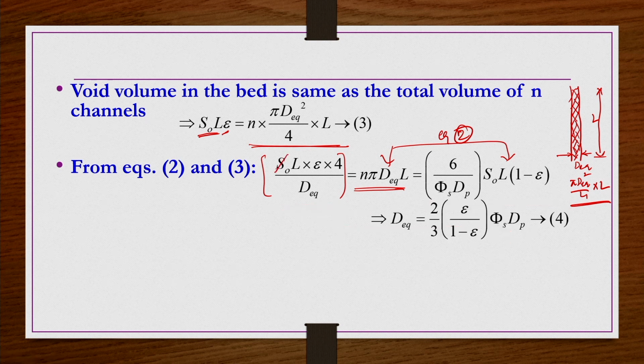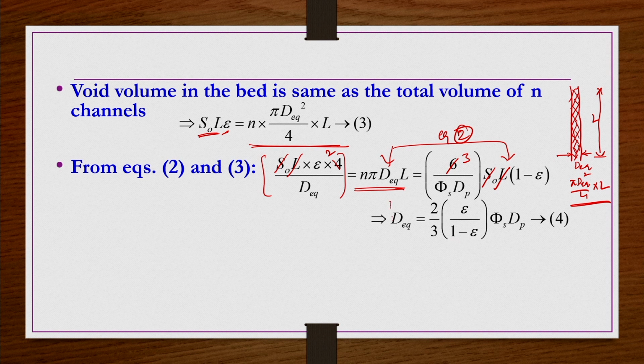S naught cancels out here, L and L also cancel out, 2 and 2 are 2, 3s are 3. So, d equivalent you take to the other side. On the left hand side you have 2 epsilon as it is. If you bring pi s dp to the other side, that will be multiplied, and 1 minus epsilon will be divided.